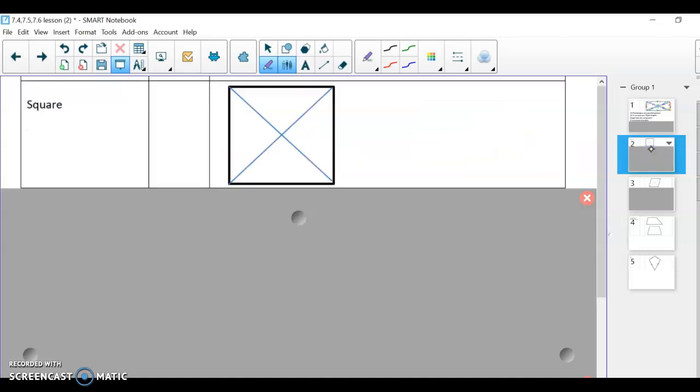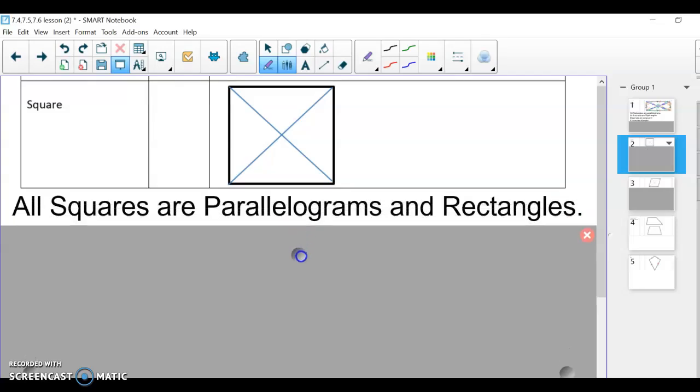Moving on, squares. Go ahead and take a minute, write down square, write down the picture that we have here. Hit pause if you need to. I'm going to keep moving. Our first one is that all squares are parallelograms. So what that means is that all 5 of those properties of parallelograms, opposite sides are equal, opposite sides are parallel, opposite angles are equal, diagonals are bisected, consecutive angles are supplementary.